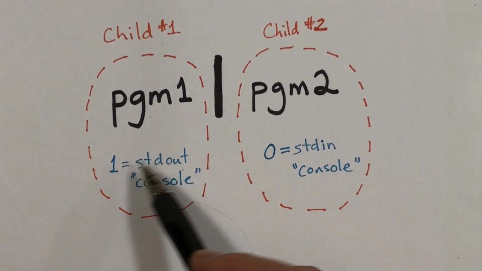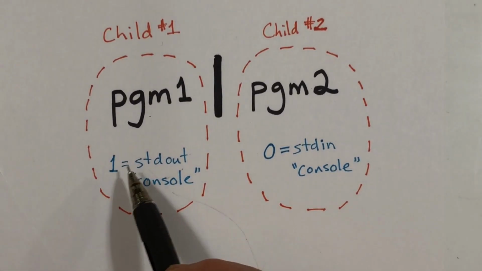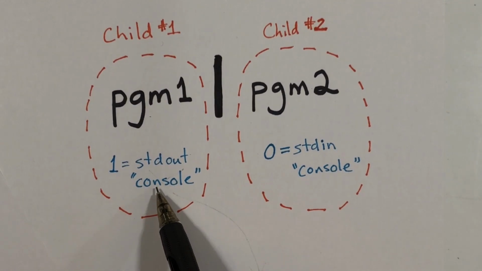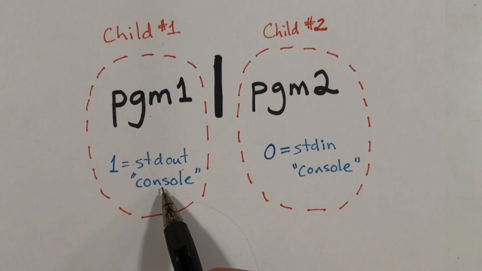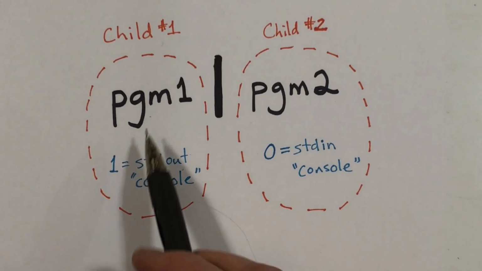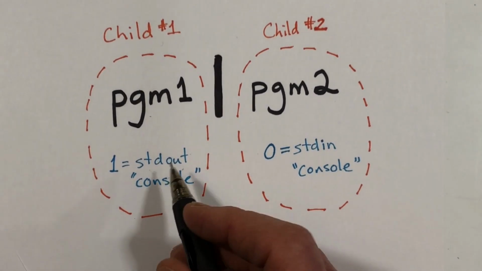Before anything happens, 0 and 1 are connected to the standard in and standard out, which is connected to the console or the asynchronous UART chip. In other words, it's where the terminal is connected to. So regardless of what these things are connected to before, what we're going to do is reconnect them.